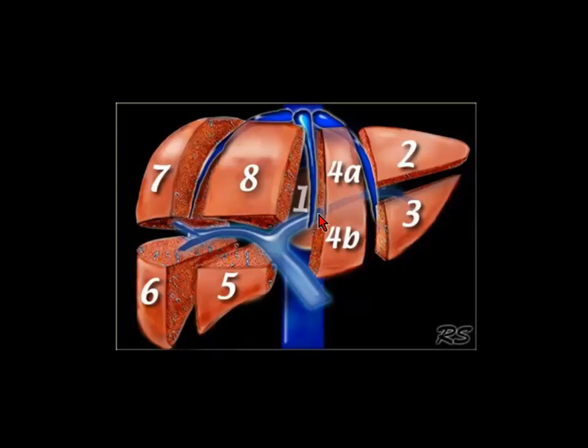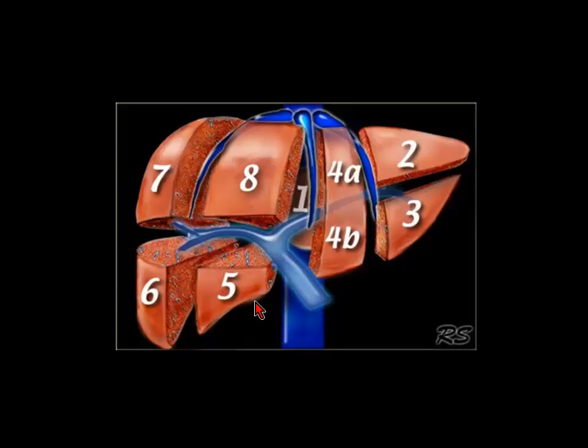Then again, identify the portal vein, find the middle, and then on the left is 4B. Now on the right hand side, if you look at the middle and the inferior right portal vein, and this is the right hepatic vein coming through, in between is segment 5.